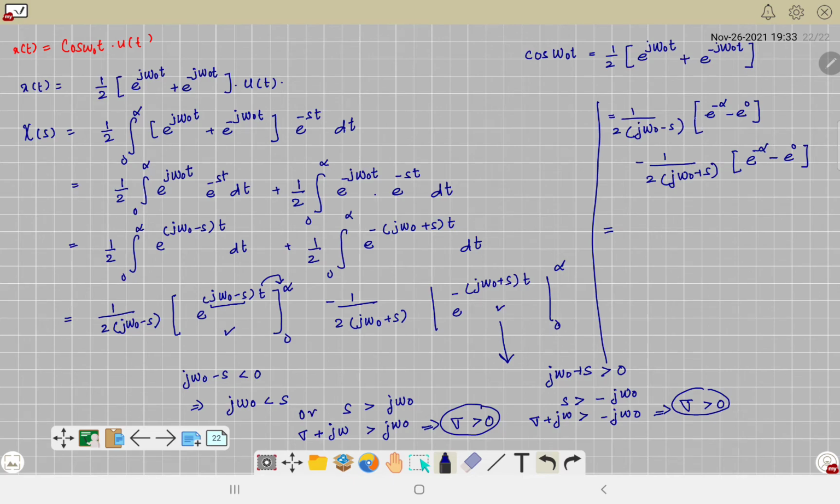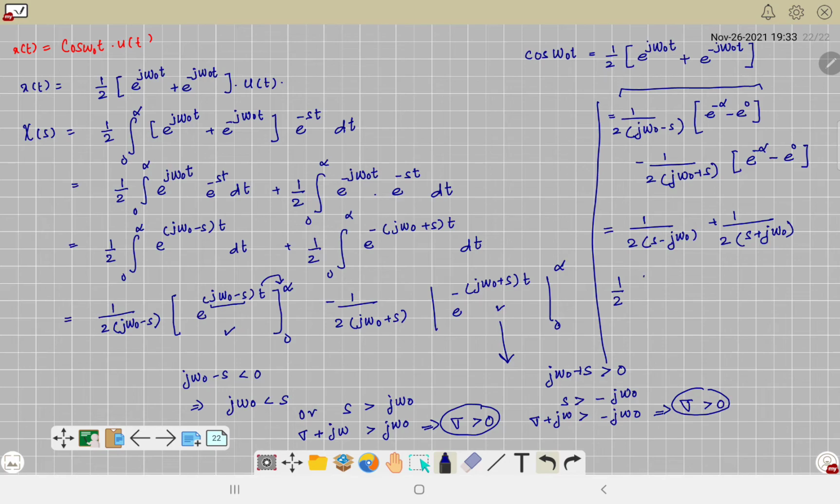Okay, so it will be 1 by 2 s minus j omega naught, and this right here will be plus 1 by 2, so s plus j omega naught, right? And for the entire sum, sigma should be greater than 0.